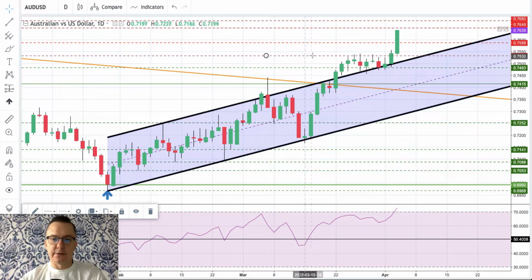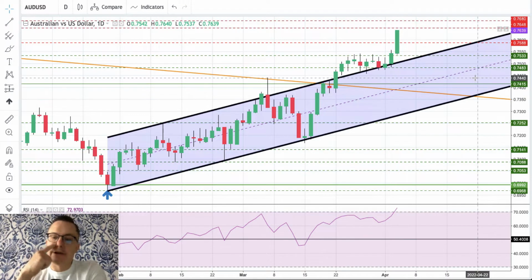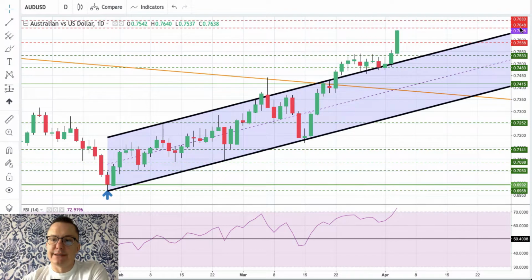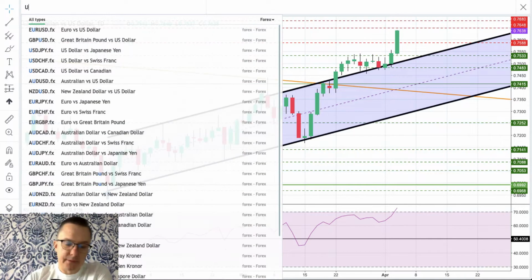Those colors are now of course green, and we are now getting higher towards 0.7648 and above. A local high 0.7640, which is only 8 pips away from the technical resistance. Not bad for the Australian dollar. The outlook is bullish. However, we can see some pullbacks along the way.